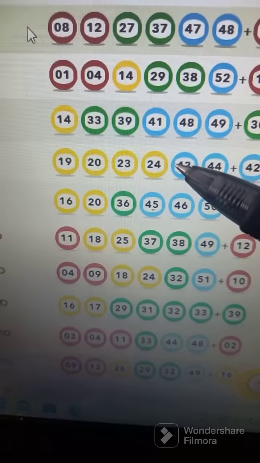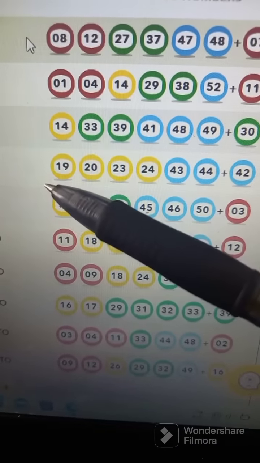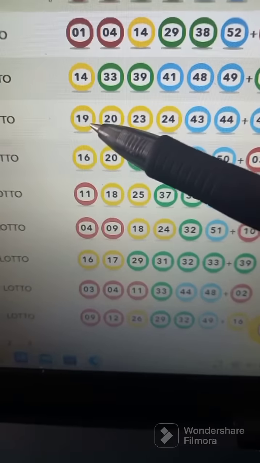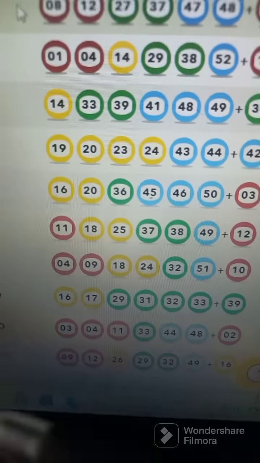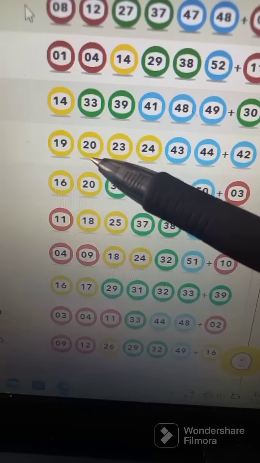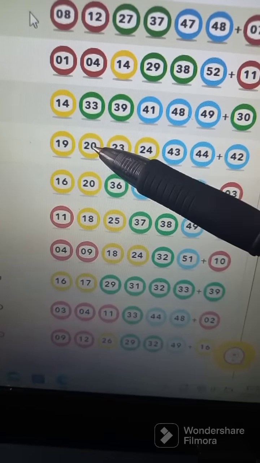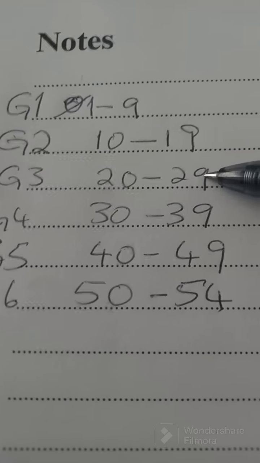Then the following week, the week before that one, sorry, they took 19. This is the only digit in its own group because this is the last digit from group number 2. So they took 19, and then they took 20, 23, and 24. These come from the same group, group number 3.